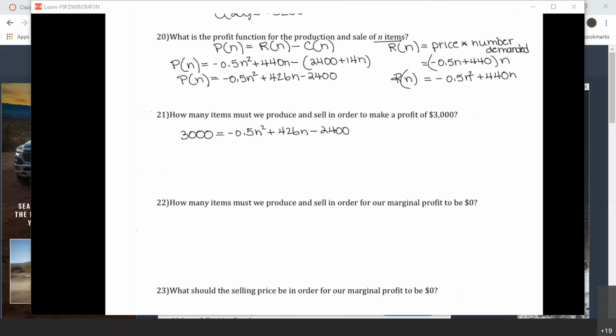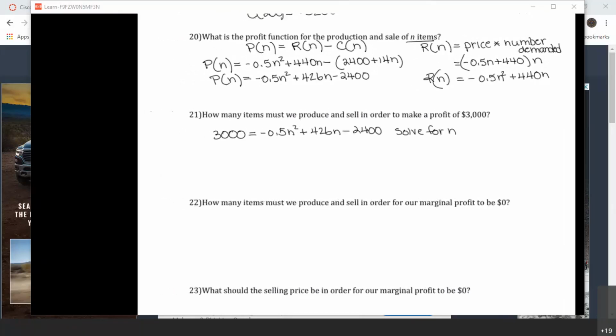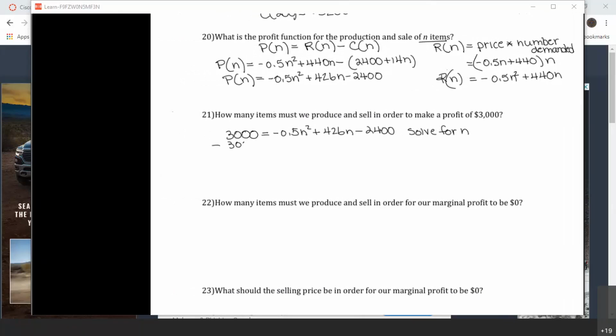And then you solve for N. The first thing you want to do is get rid of the 3,000 over here. So subtract 3,000 from both sides. That gives you 0 equals negative 0.5 N squared plus 426 N, and then this would be minus 5,400.